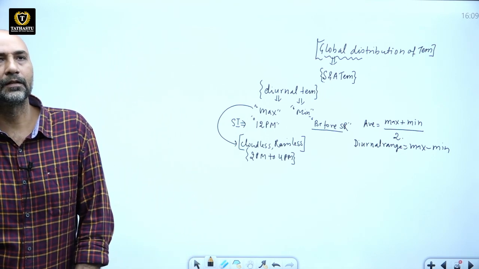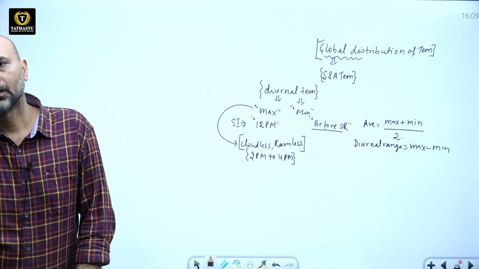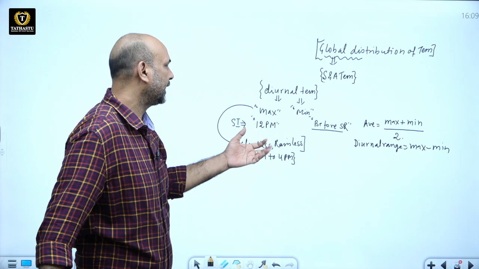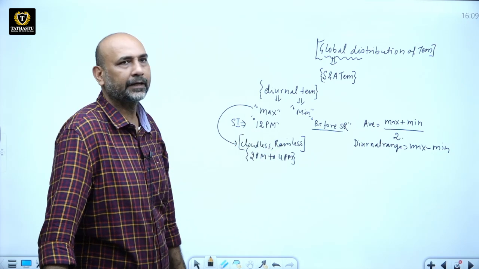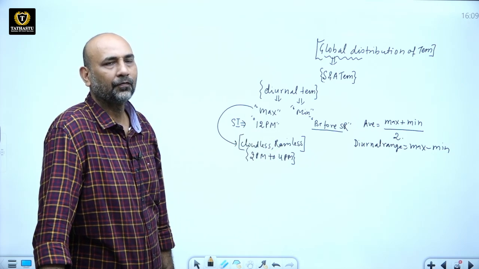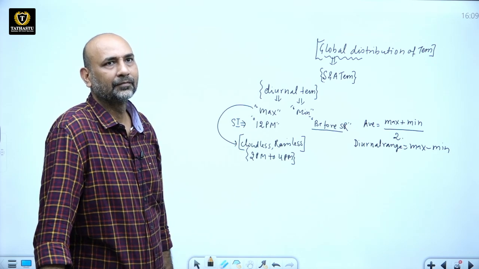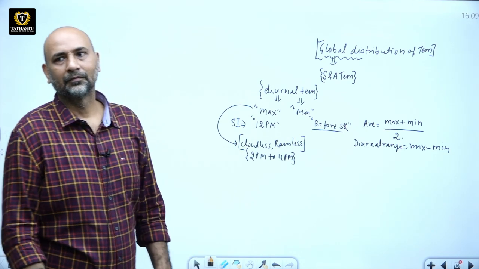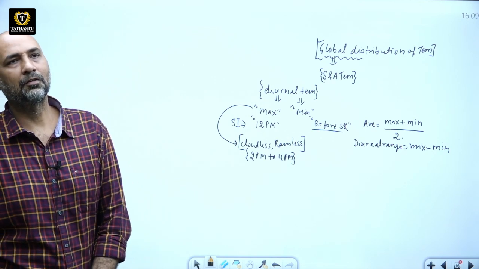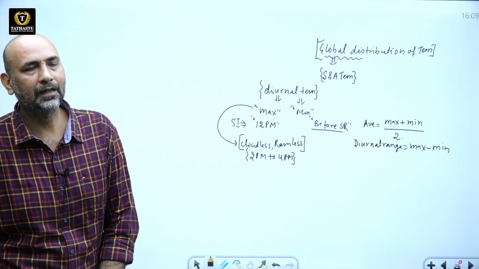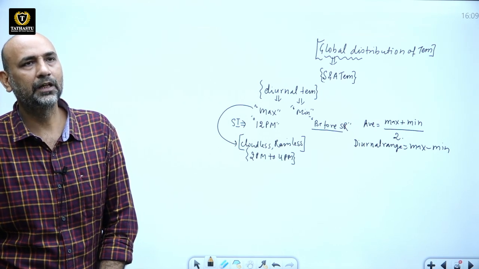Maximum temperature of a given date and minimum temperature of a given day, that is called diurnal range. So tell me one thing, is diurnal range maximum during a cloudy and rainy day or minimum during a cloudy and rainy day? Range is also described as fluctuation of temperature. Tell me, brother. Is the diurnal range of temperature high during a cloudless and rainless day or a cloudy and rainy day?